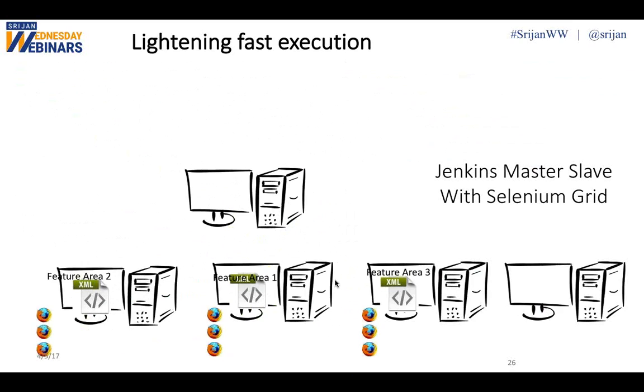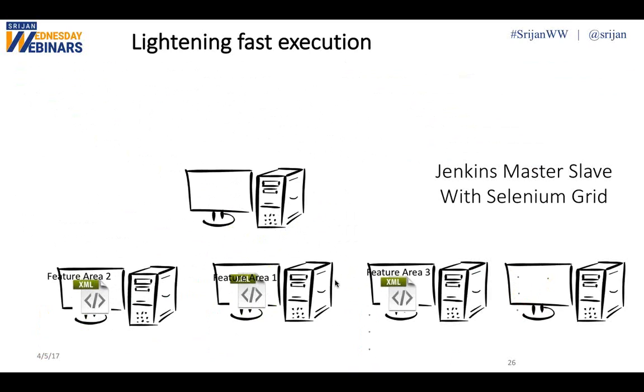So what you can do is plug in the Selenium Grid with that, and make your Jenkins master machine a Selenium Grid hub machine as well. Then this Selenium hub will distribute your pending test cases, which are waiting for execution, to the other grid nodes.